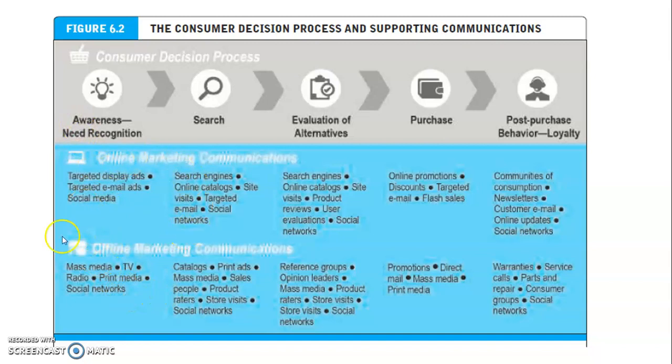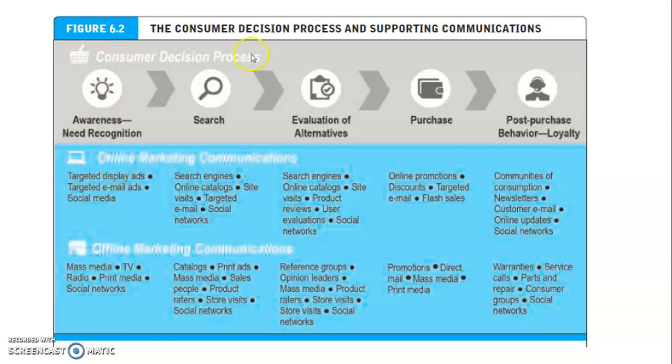Whereas in online purchasing, there are the targeted display ads, like when we are seeing a particular video on YouTube and a targeted ad displays over there, or the targeted emails sent by the companies, or on social media we see some products or brands. So this becomes an important factor for the customer to become aware of and recognize the need.